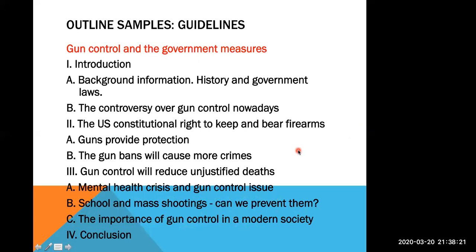So he tries here to support his argument that he stands against gun permission, in favor of gun control. So he provided us with 2 opposing views, one who stands against and one who stands for.